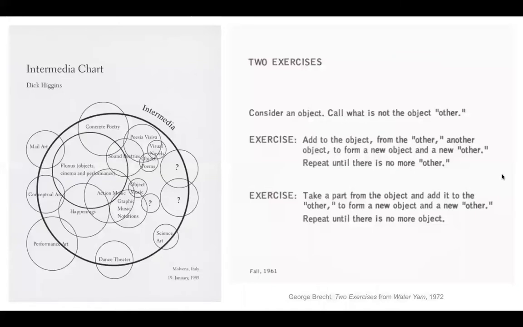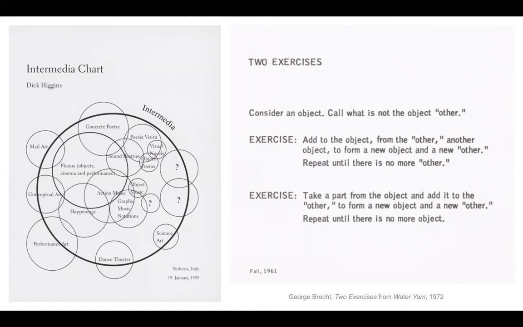So here we have an intermedia chart to the left, and then we also have George Brecht, who did 2 exercises from Water Yam. So again, this is more about the process, the performance. It's not necessarily about having a beautiful picture to show at the end of it. So consider an object, call what is not the object other, and it's really meant to make you think conceptually in a more abstract sense.